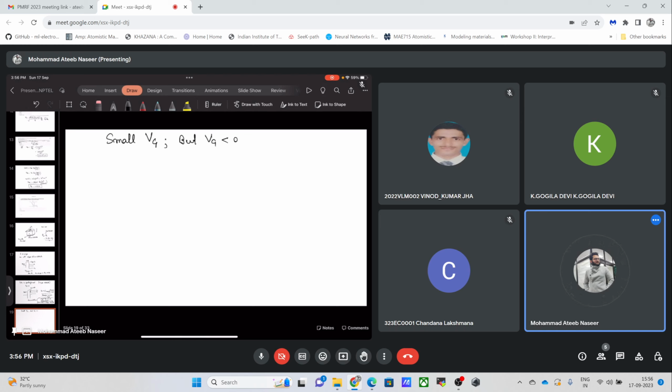Since Vg is less than 0, the EF of the metal will rise with respect to the Fermi level of the semiconductor, EF of the semiconductor.